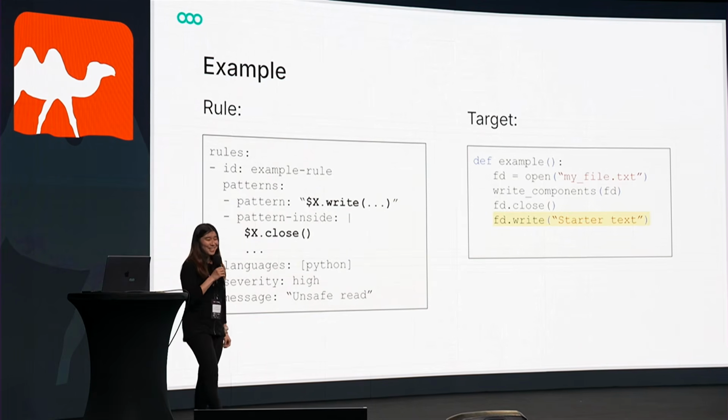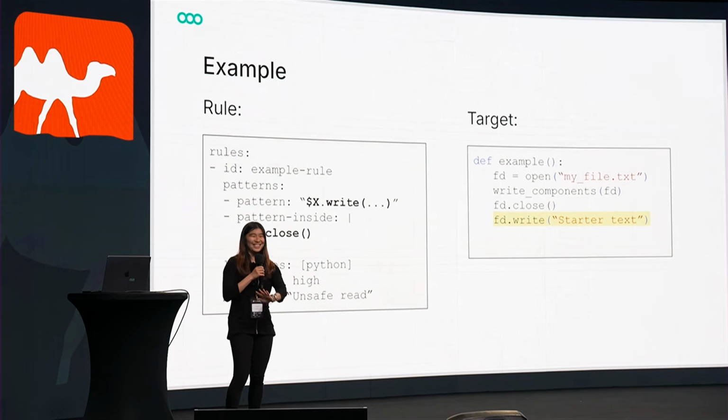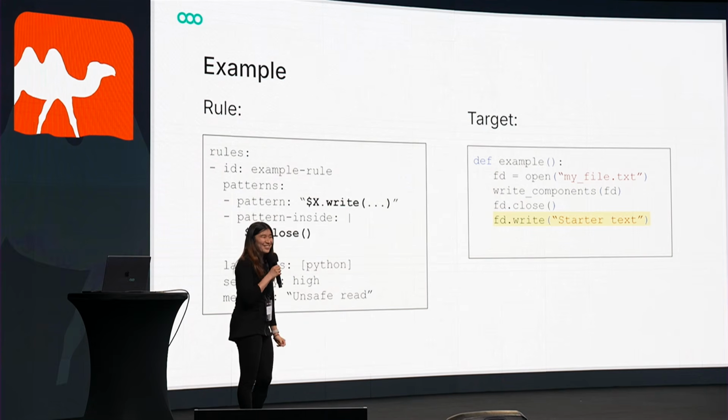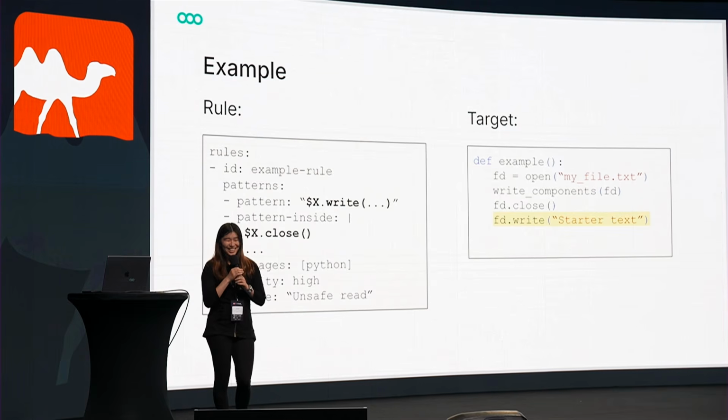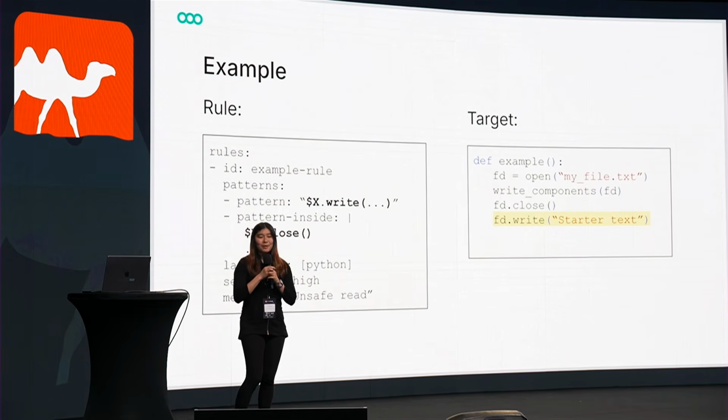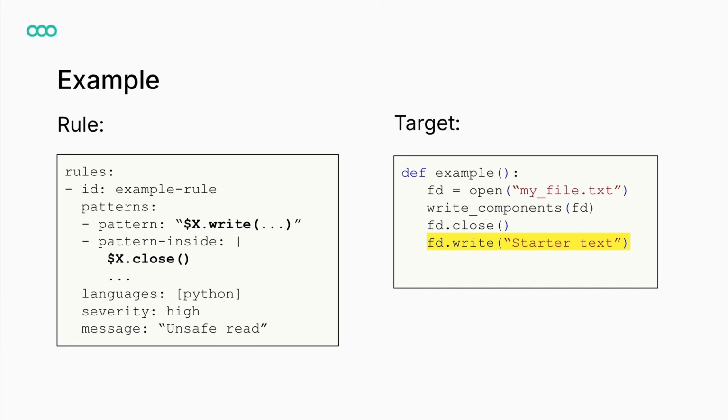As an example, and maybe this really showcases the problem because I wrote the example using Python, and I realized too late that I should have used OCaml, which we do support. You can write a rule using this syntax that says I'm looking for $x.write, let's say for a file, and I'm looking for it to be inside this other pattern, which is $x.close and then everything after.